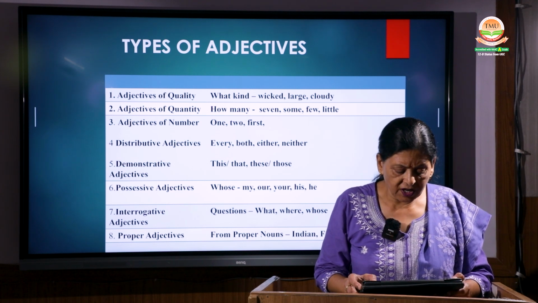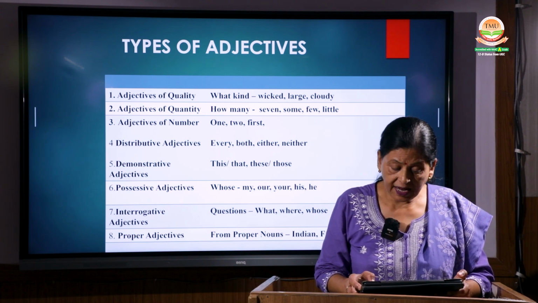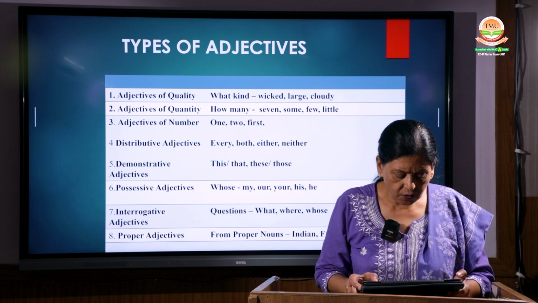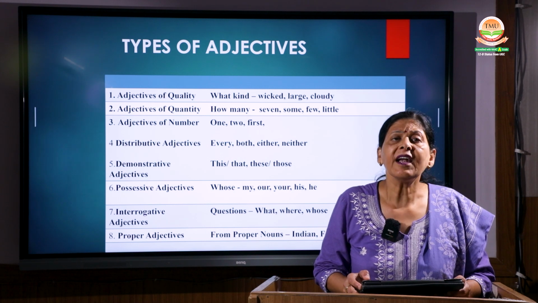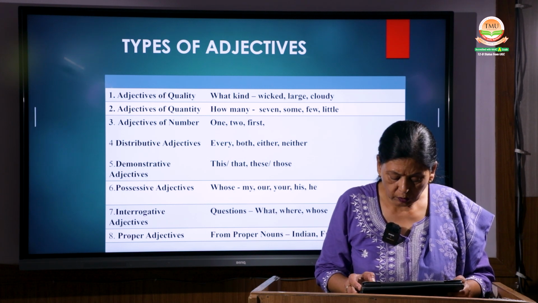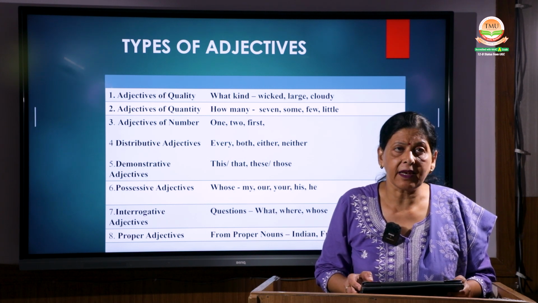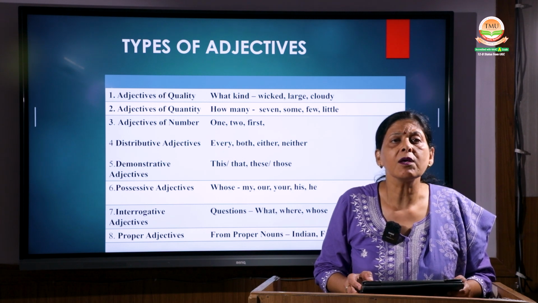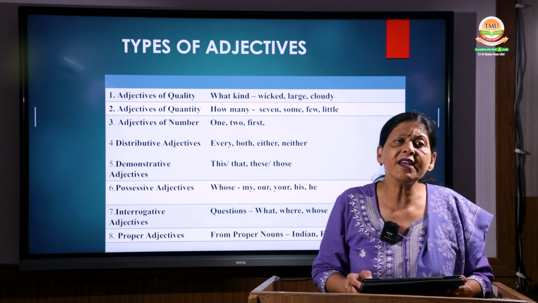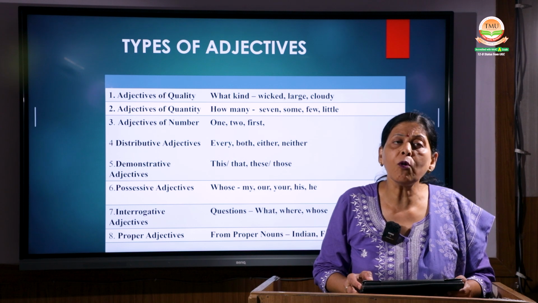So these are demonstrative adjectives, and the second last category is possessive adjectives. Possessive adjectives show to whom the thing belongs. This pen is mine. Mine is a possessive adjective. My name is Vandana. I am talking about my.